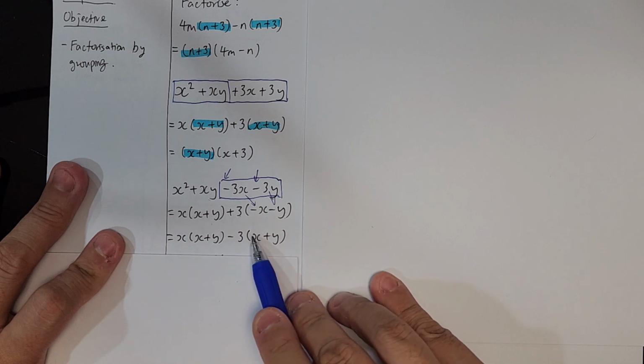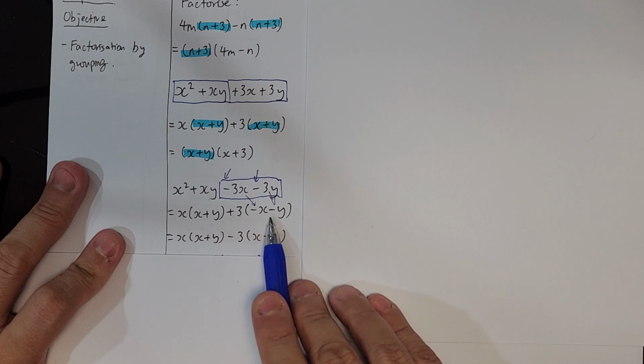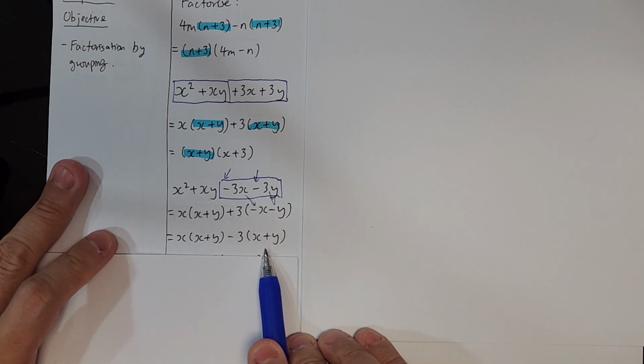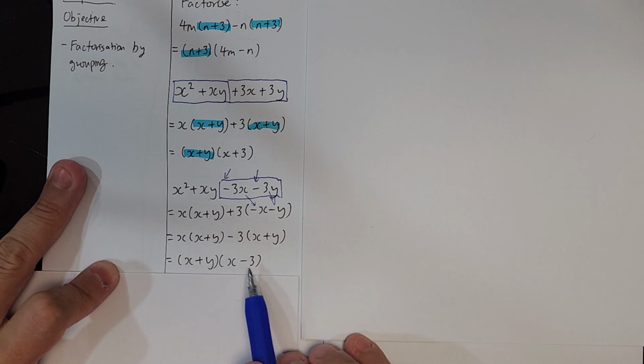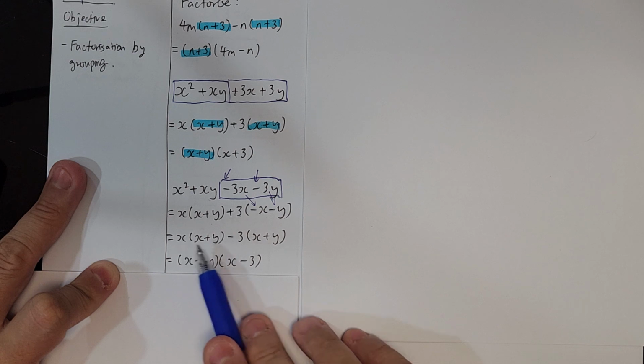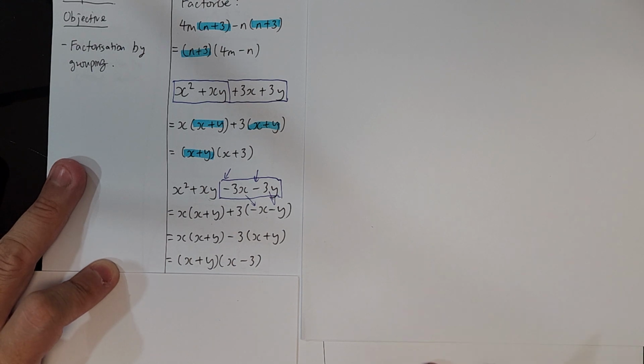A negative sign becomes a positive, and a positive becomes a negative. Once I do that, you realize these two brackets are the same again, and I factorize out. Just a note: on this step, it is x minus 3. So this is basically the whole process of factorization by grouping.